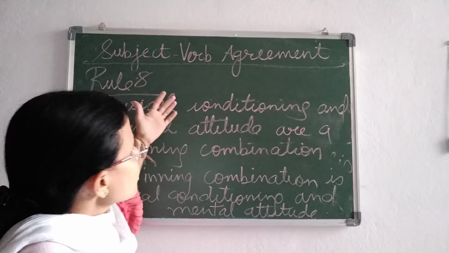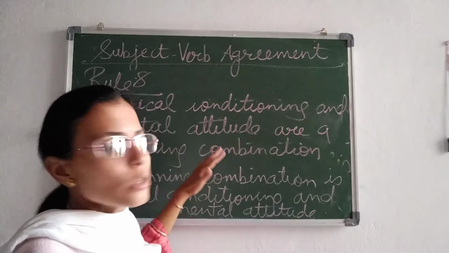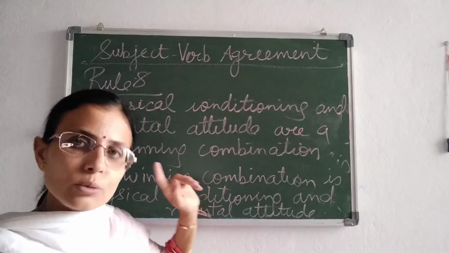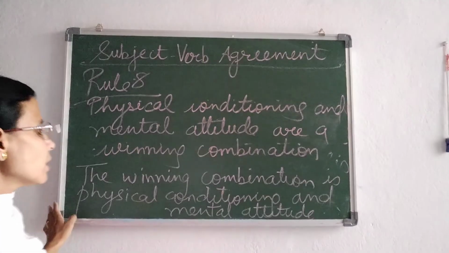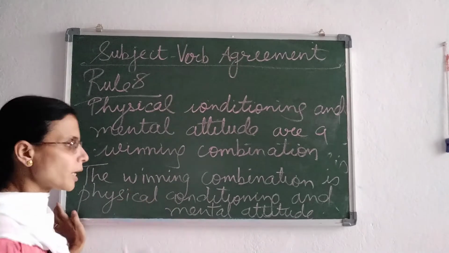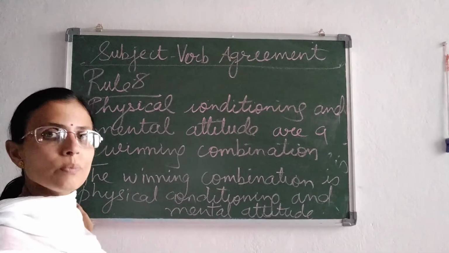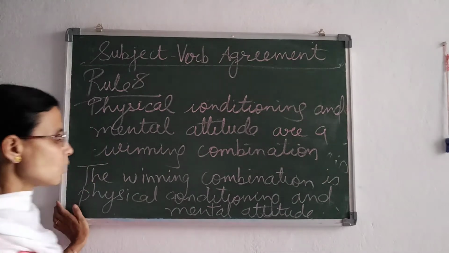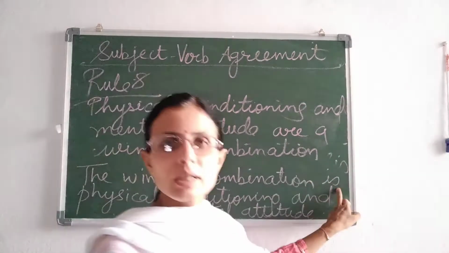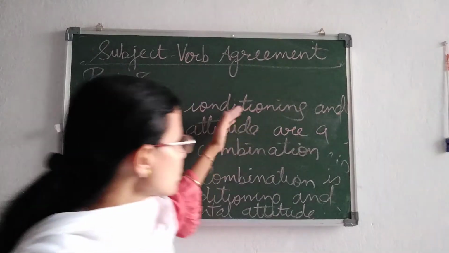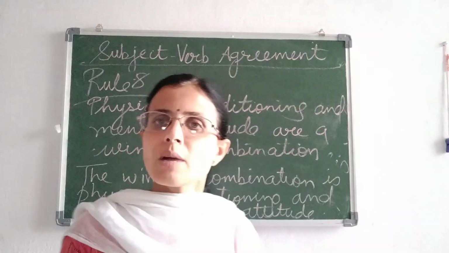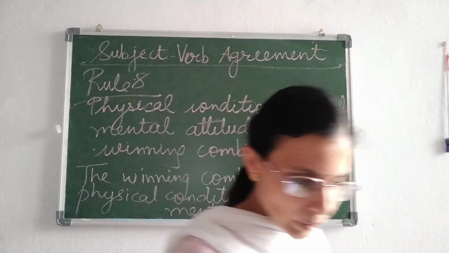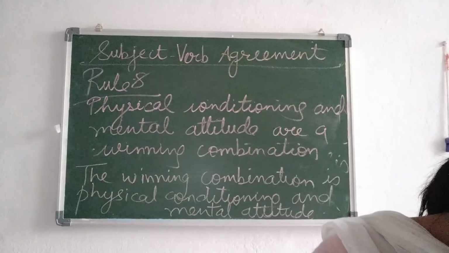Here subjects are two, predicate is one. So the verb will be according to the subject, according to this rule. Now here, since subject is only one, winning combination, so verb will also be singular because subject is singular. So what verb will you use? Is. Okay. These two sentences are just opposite to each other. Now we come to the next rule.